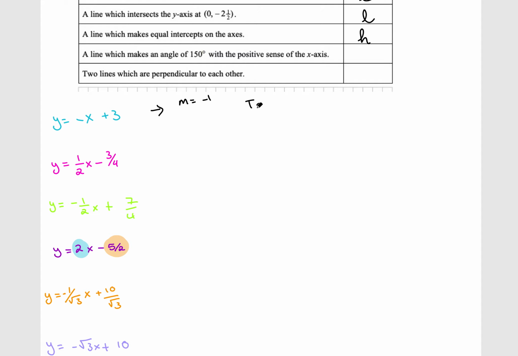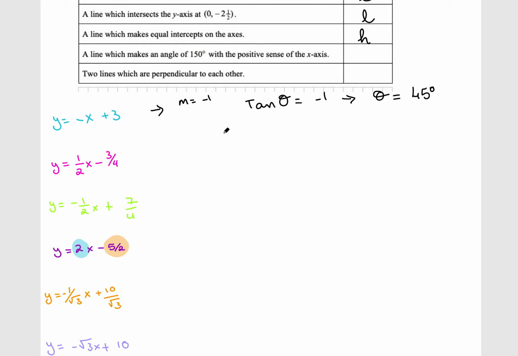So tan of the angle is equal to -1, so my angle is equal to tan inverse of -1. If we put that into our calculator, we get 45 degrees. So not quite what we're looking for there.